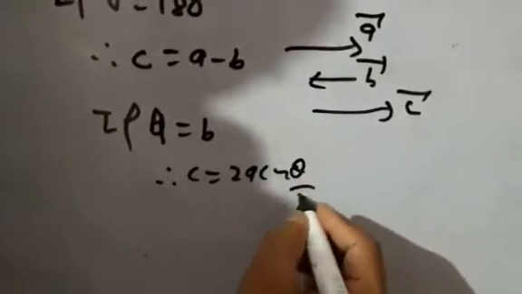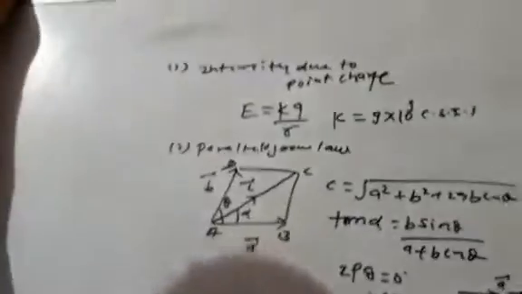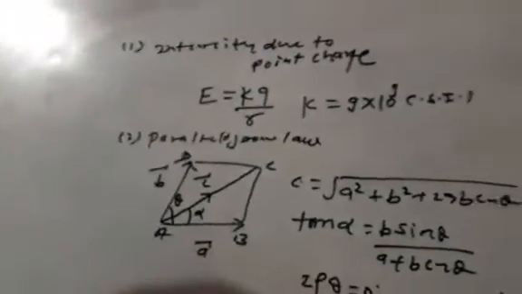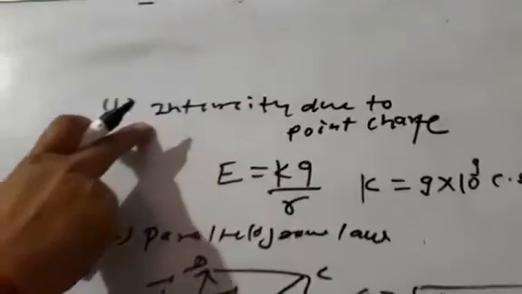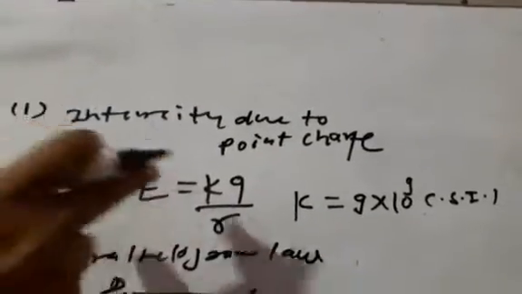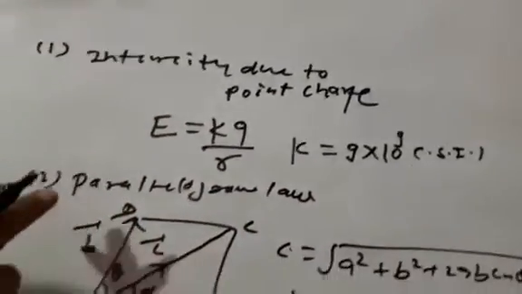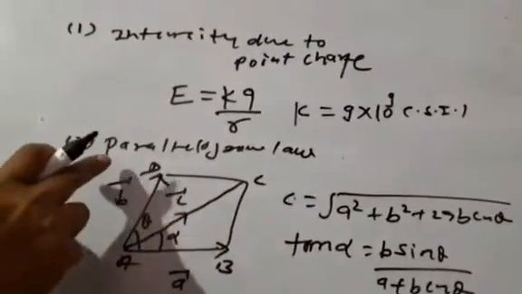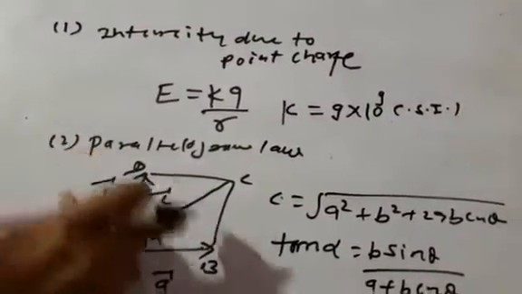So in any question, if we have to find net intensity, first we find intensity due to all point charges, and then their resultant will be calculated by parallelogram law.